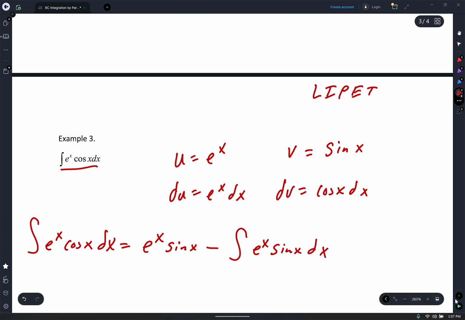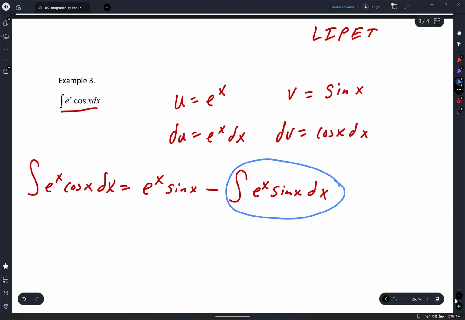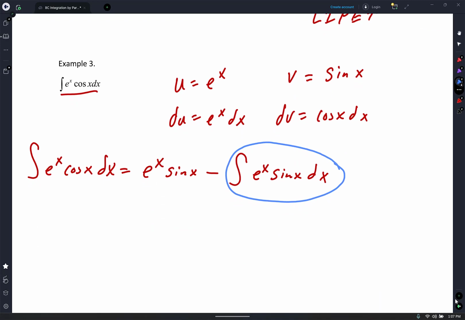Because if I do it again, notice that I'm circling this. I'm going to do integration by parts again. So u equals e to the x, du equals e to the x dx. dv is going to be sine x dx, and v is going to be positive or negative?